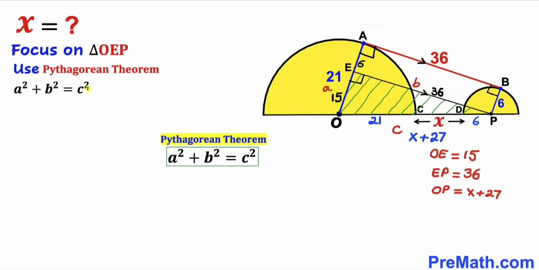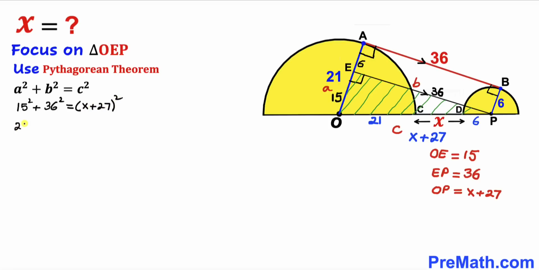So let's go ahead and fill in the blanks in this Pythagorean formula. A in our case is 15, so this is going to become 15 squared, plus B in our case is 36, so that means 36 squared, and C in our case is (x plus 27) whole squared. Now let's take care of this.